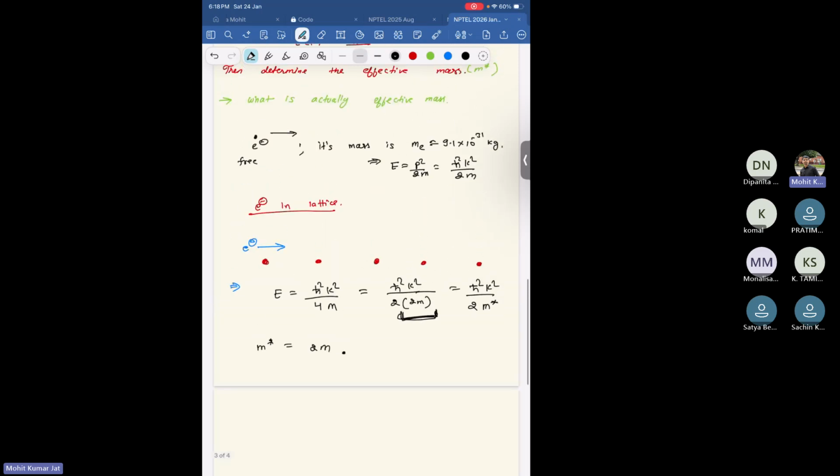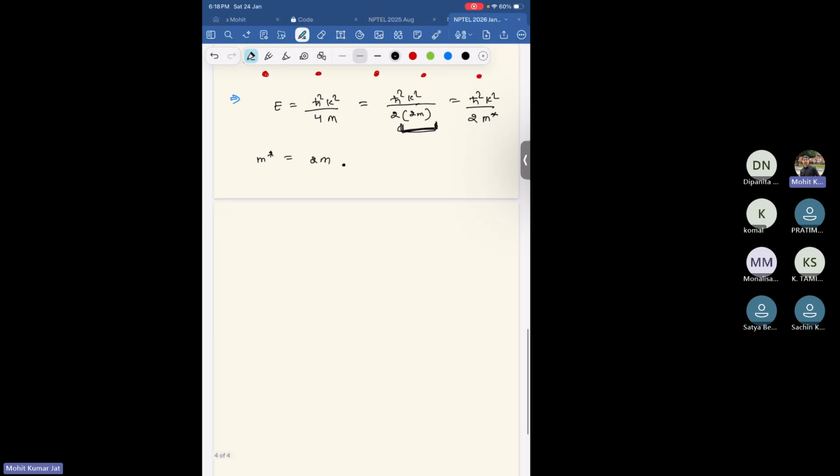But if the dispersion is slightly complex, in that case your m star will be given by h bar square and the second derivative of energy with respect to the wave vector inverse.